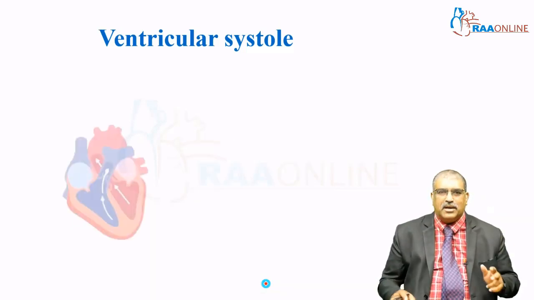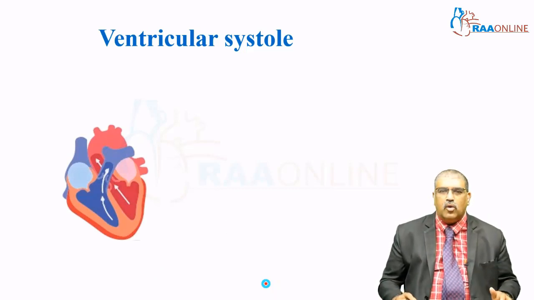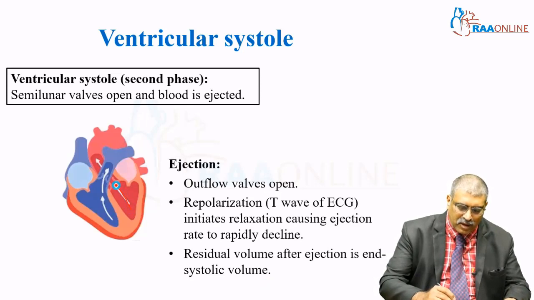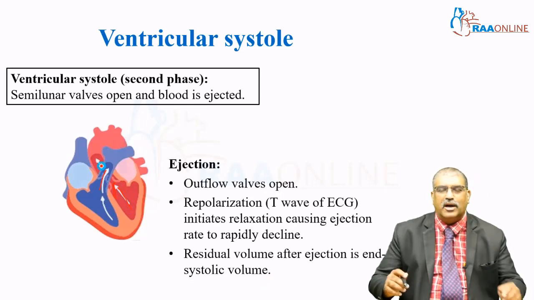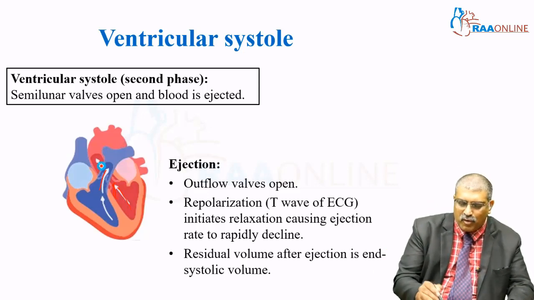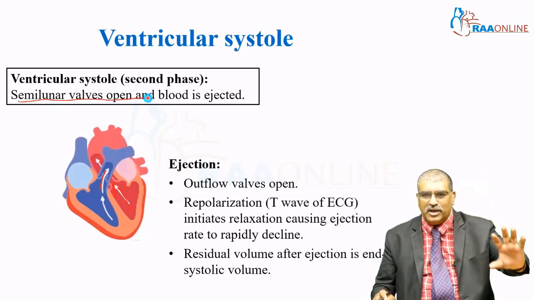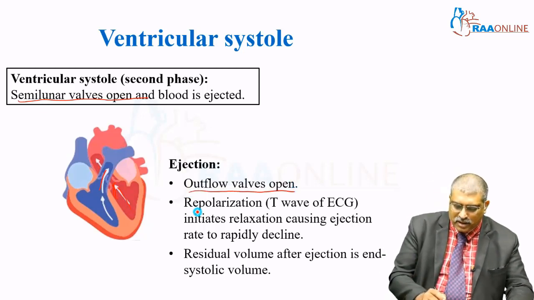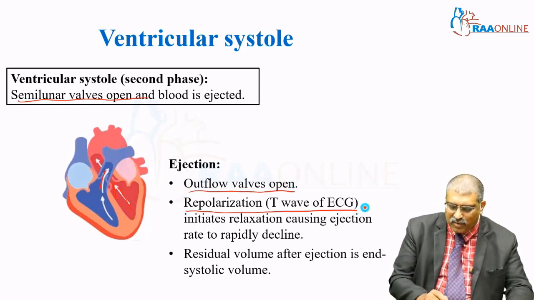The second part is called the ejection phase. Now, as the ventricular pressure picks up, it opens the semilunar valves, that is the aortic and the pulmonary valve. The semilunar valves open and the blood is ejected into the great vessels. The outflow valve is open. It correlates with the T wave of ECG.